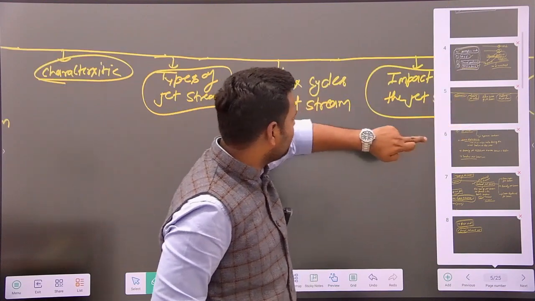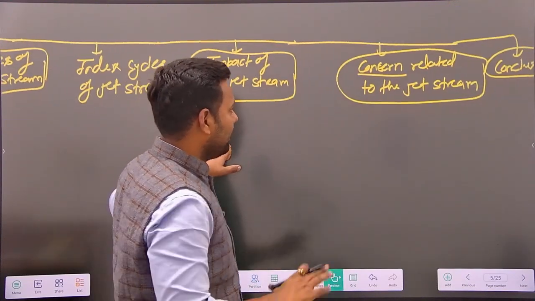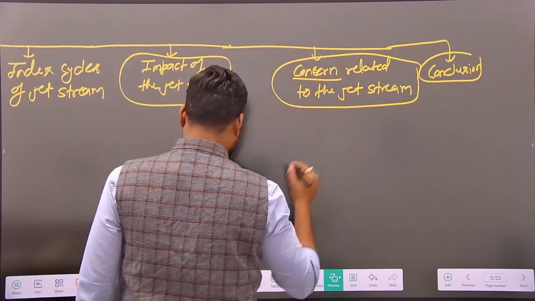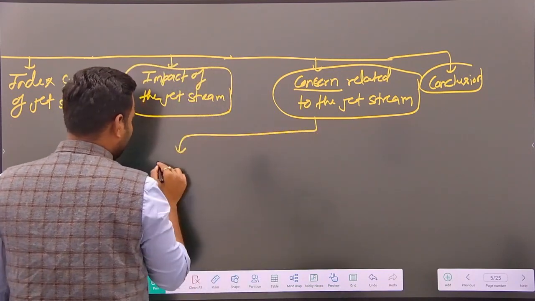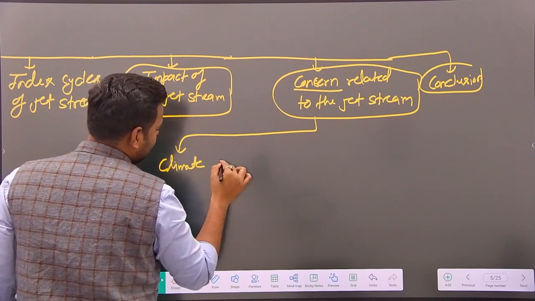We further move to the concern of the jet stream. What is the concern related to the jet stream? The concern is related to climate change.